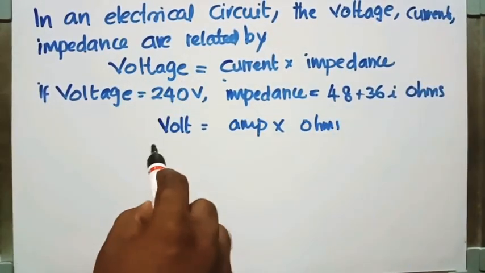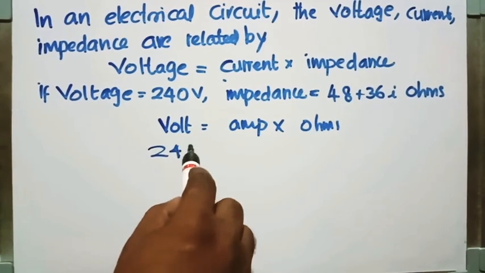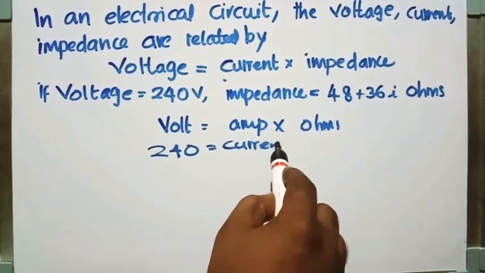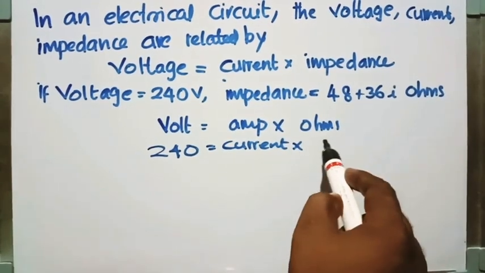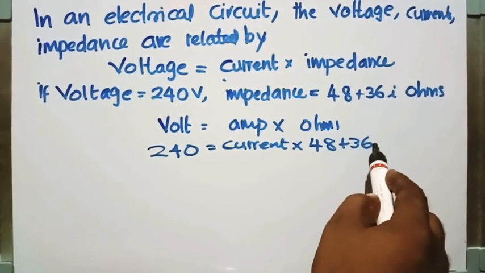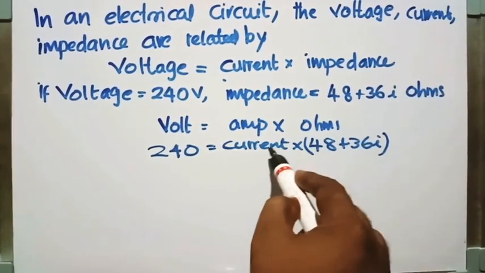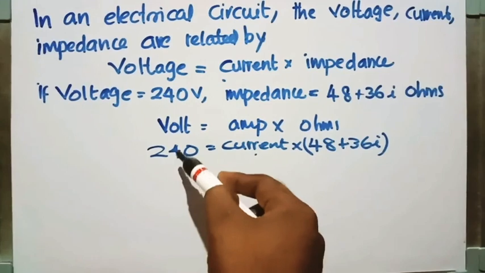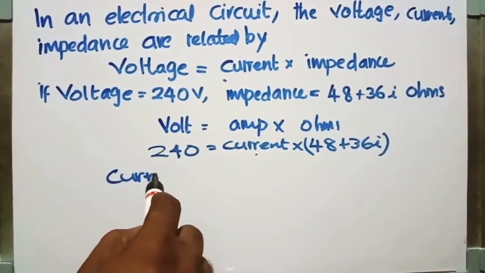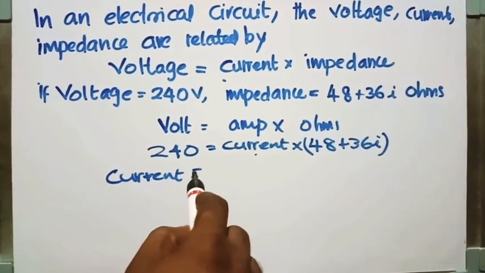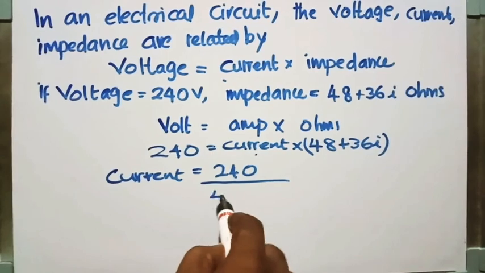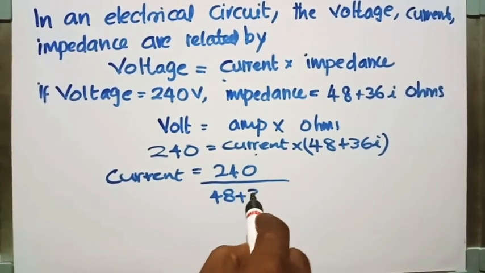So voltage, you know, it is 240, is equal to current multiplied by impedance as 48 plus 36i. We want the value of current, so take this onto this side, normal calculation of mathematics. So we get current is 240 divided by 48 plus 36i.